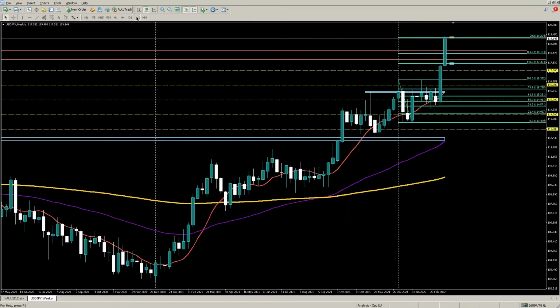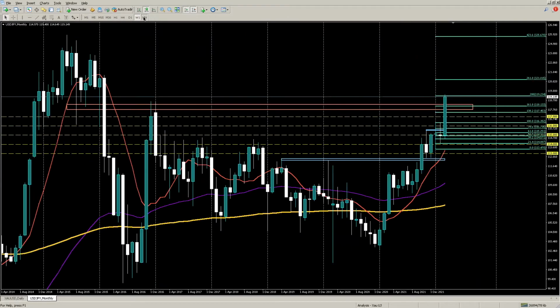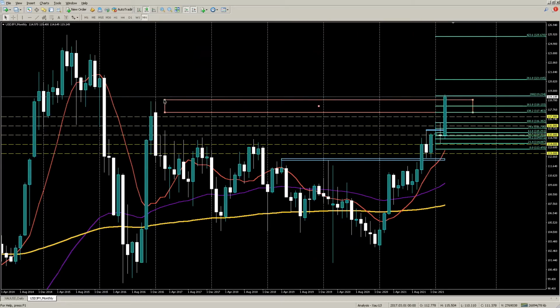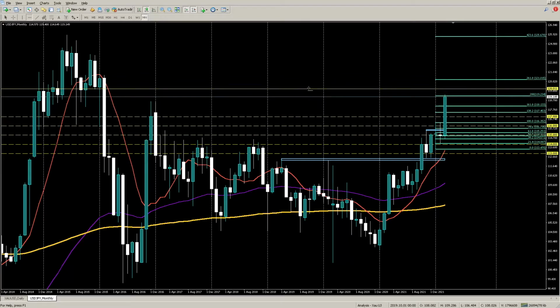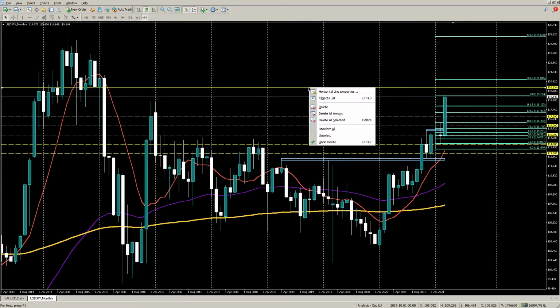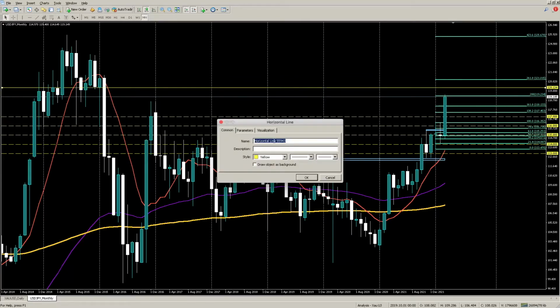Let's go back to the weekly, and I think we'll remove this zone for now. Let's remove this for now. It's at the 120 round figure. There's going to be a significant round figure here.